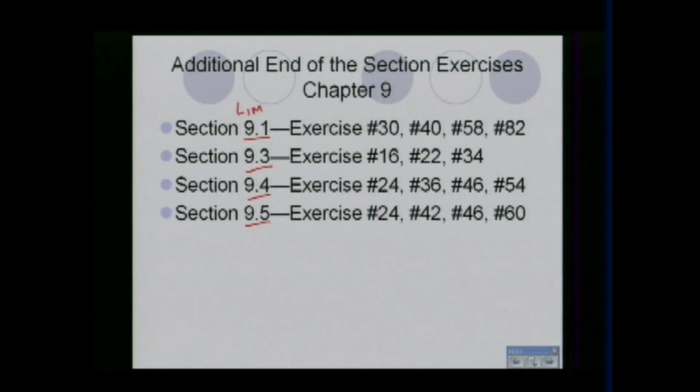This chapter is basically introduction to calculus. And then as we go to 9.3, 4, and 5, we get into equation of tangent line and then derivatives and the rules of derivatives for 9.3, 9.4, and 9.5. And you have the list of the problems we're going to do in this chapter.